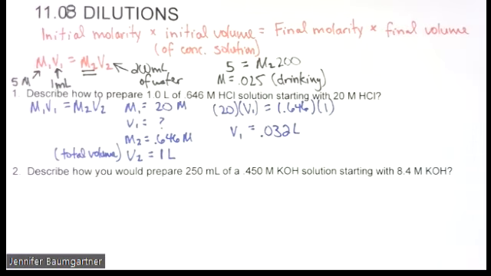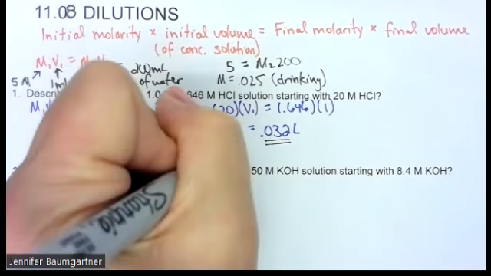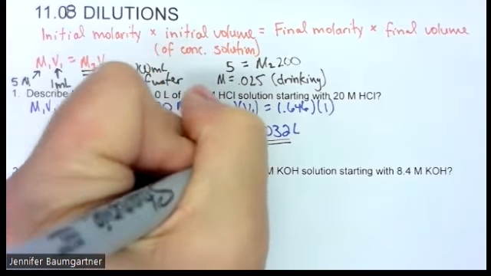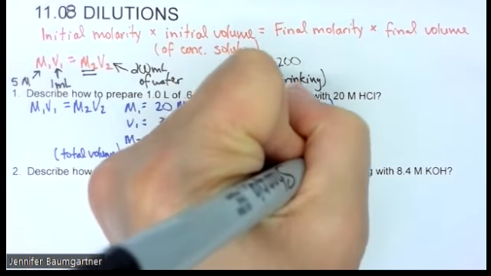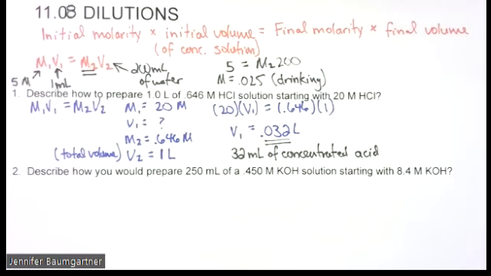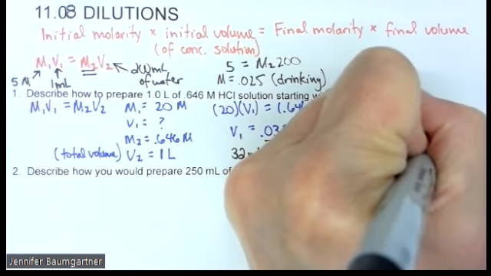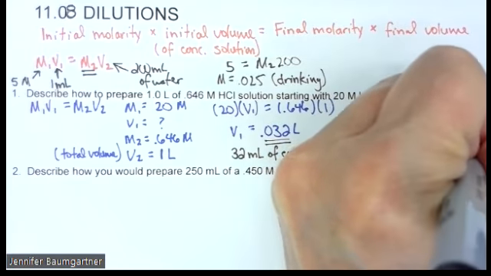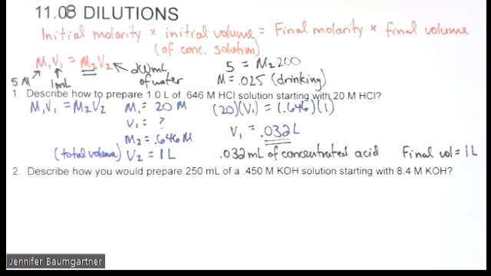It doesn't tell me how to prepare it. What this volume means, if I convert that to mils, then I need to start with 32 mils of concentrated acid. So if I need to use 32 mils of concentrated acid and I want my final volume to be 1 liter, so this would be 0.032 liters.